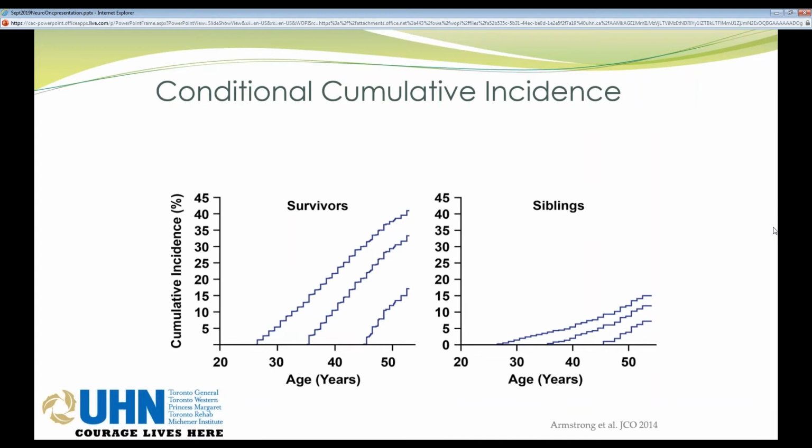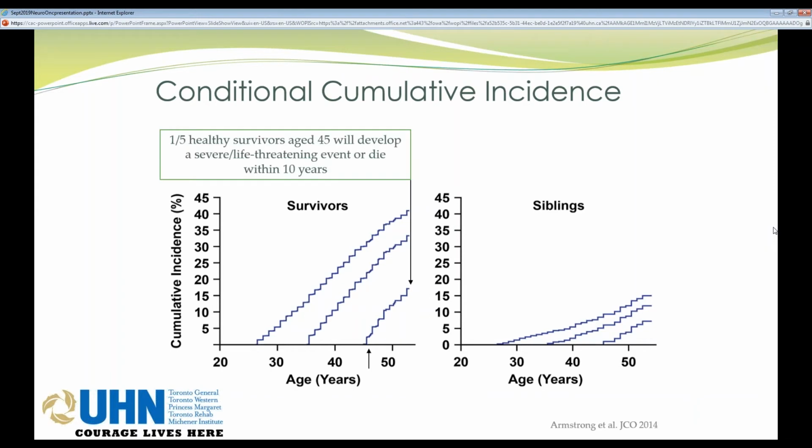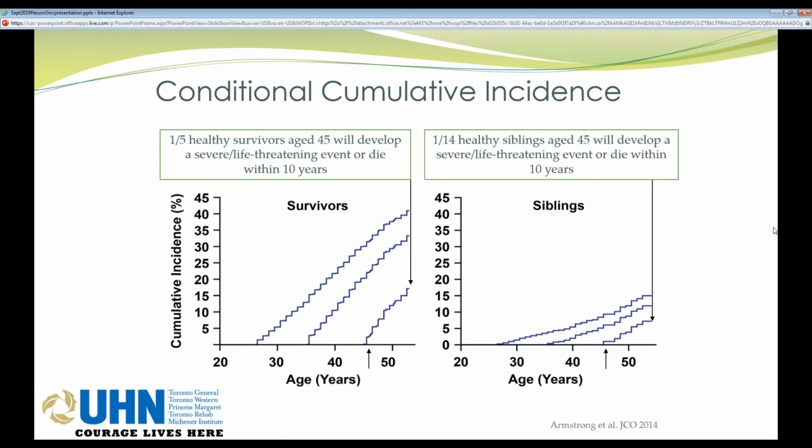Another thing we know is that when we compare survivors of pediatric cancer to their siblings, survivors have these changes in their health far more regularly, meaning their chances of having these comorbidities are higher. Survivors end up having these conditions at an earlier age than we'd expect.